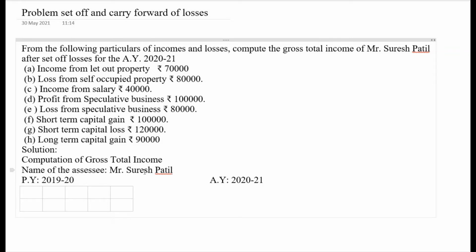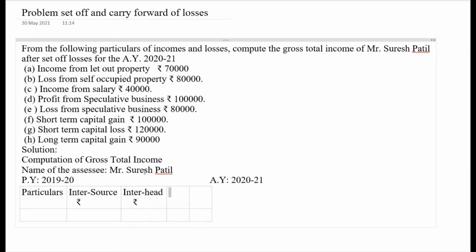So now let's work out here. Particulars, intersource, interhead, then carry forward, then GTI column.